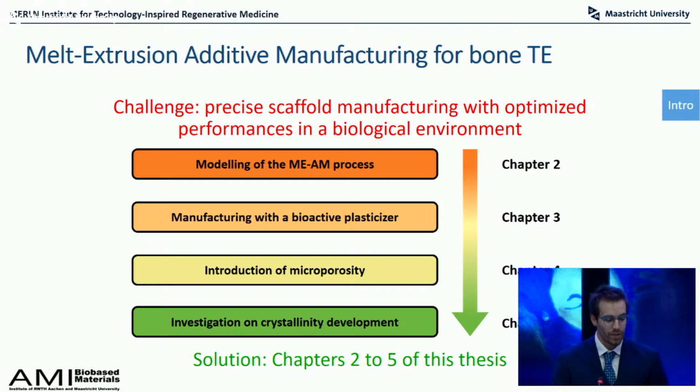Therefore, the challenge is to manufacture scaffolds in a precise manner with the desired and optimized performances eventually in the biological environment. And this challenge was tackled through the chapters of this thesis.